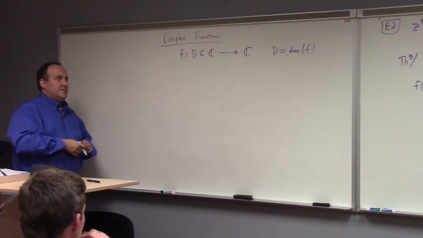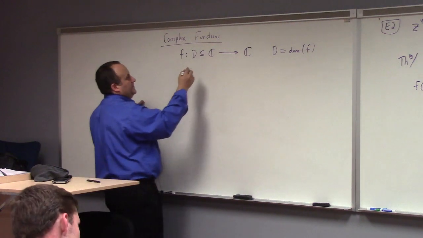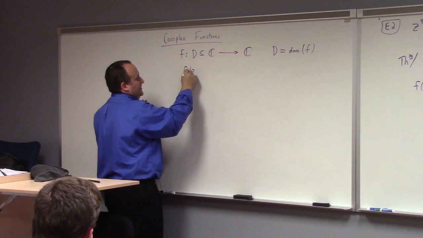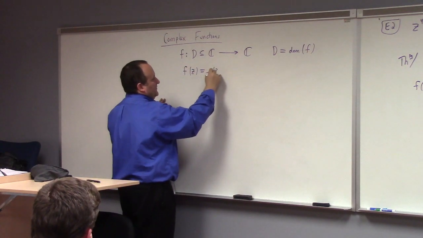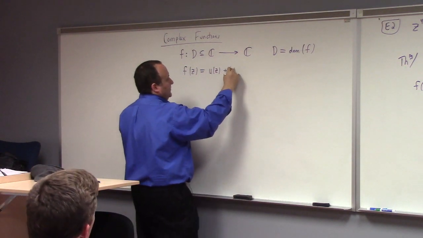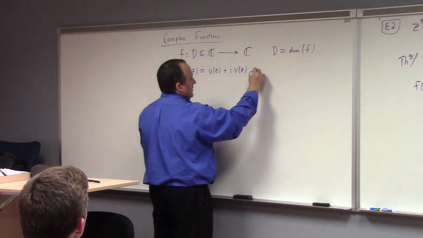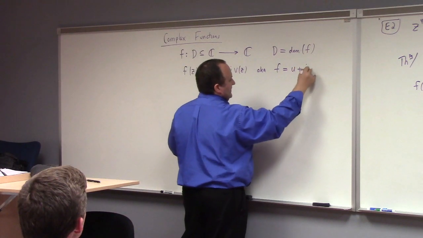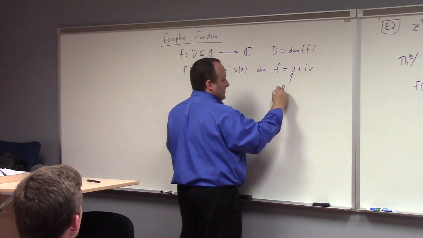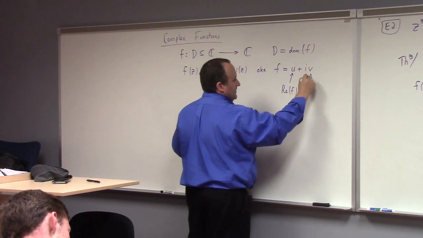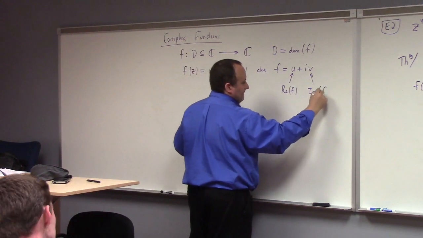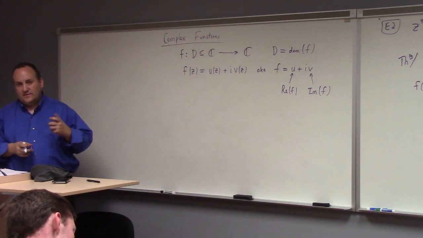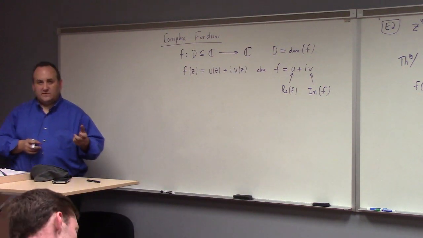Now, as a matter of notation, we have f of z is equal to u of z plus i times v of z, or f equals u plus iv. This is the real component of f, and this is the imaginary component of f. So every complex function can be broken into a pair of real valued functions, the real part and the imaginary part.